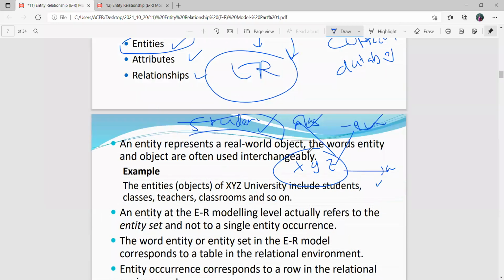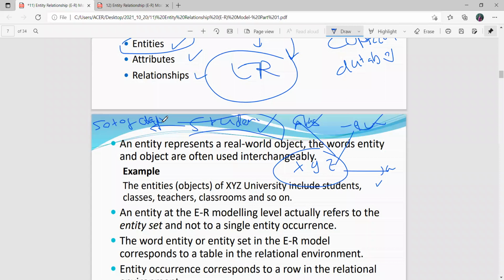When we consider these students, the student represents a set of values, that means a set of data. When we consider the OUSL database or an OUSL student, level 1 students are there, level 2 students are there, level 3 students are there.